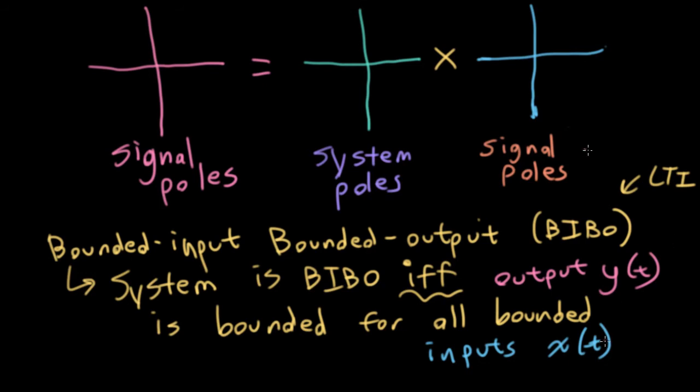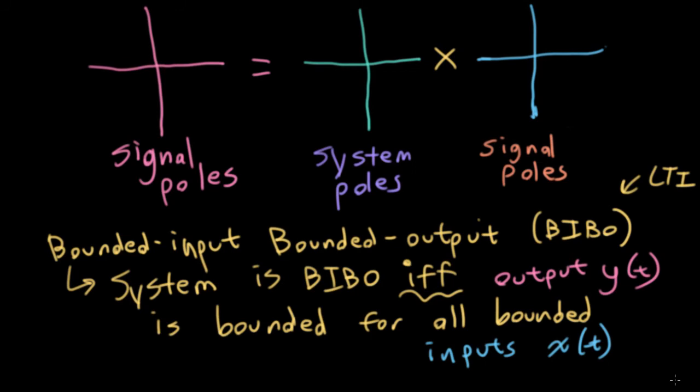Now, it's important to note that if you're trying to prove something isn't BIBO stable, it's sufficient to find just one bounded input that gives you an unbounded output. It doesn't matter if every other input in the universe that's bounded gives you a bounded output. If you can find a single bounded input that results in an unbounded output, then that breaks BIBO stability. It's not BIBO stable.